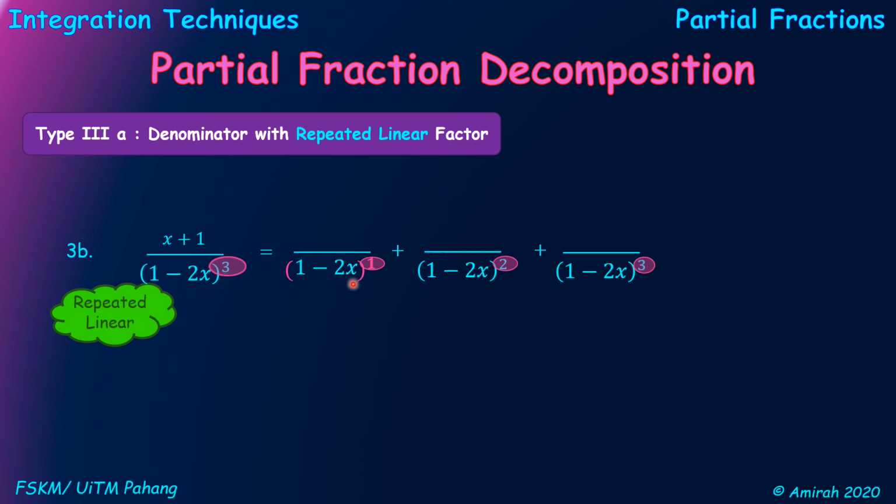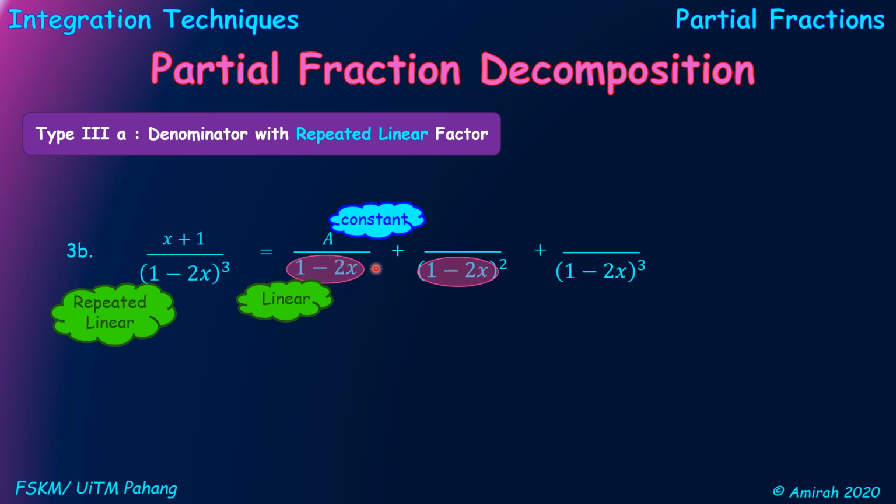So we start with the power of 1, the power of 2, and the power of 3. The power of 1 here, actually no need to write. Then from the first denominator, this is a linear factor, so we can write the numerator equal to constant A.